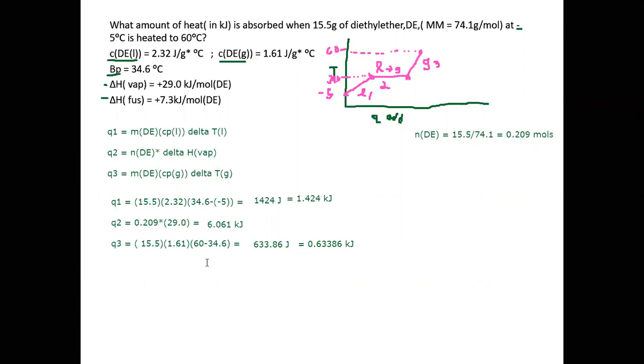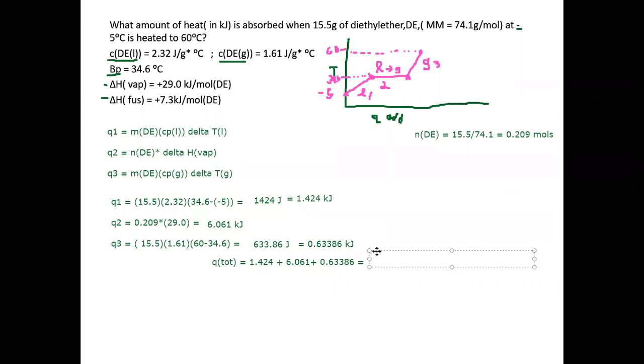And now to find Q total, we just simply add up all three Q's. And again, the final answer, you can round to 3 or 4 significant figures.